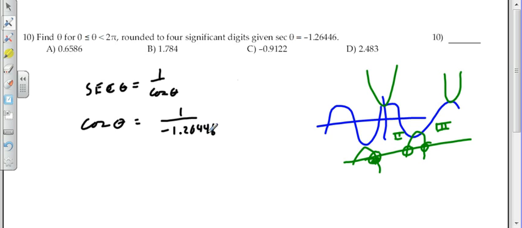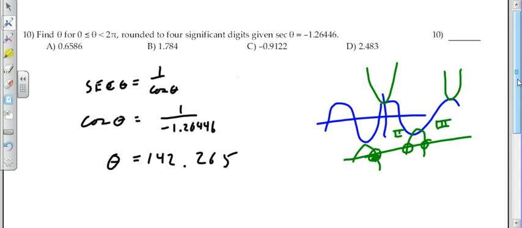I put it in my calculator, and I got that theta is 142.265 degrees, 4 significant digits. All right, so I'm going to round off to 142.3 when I get done. There is no 142.3. You notice that? Is that cool?